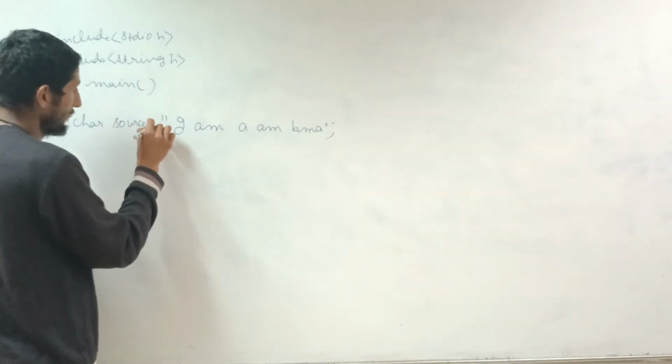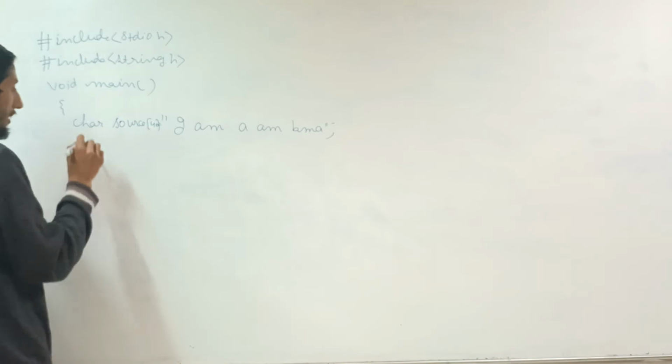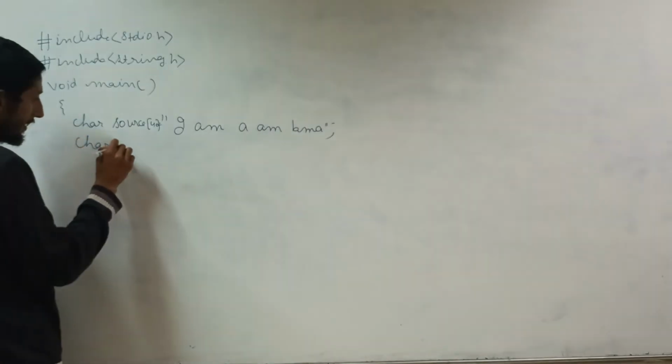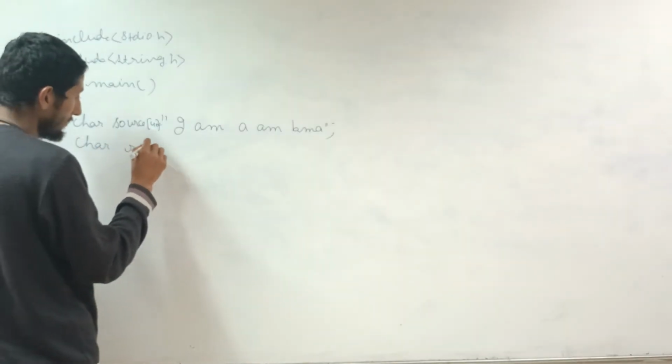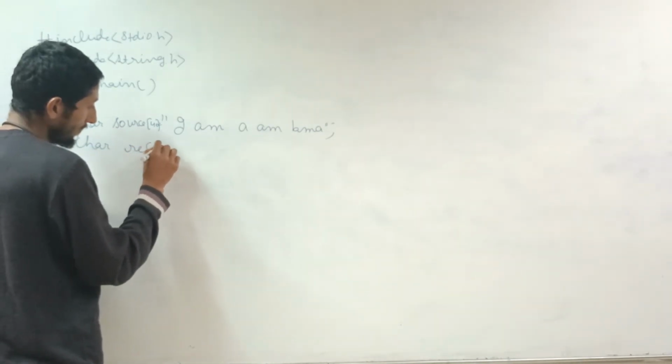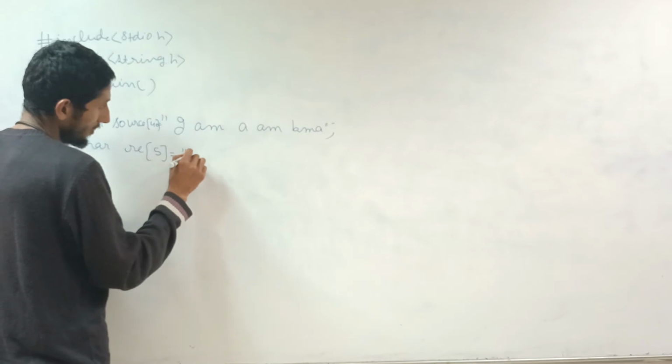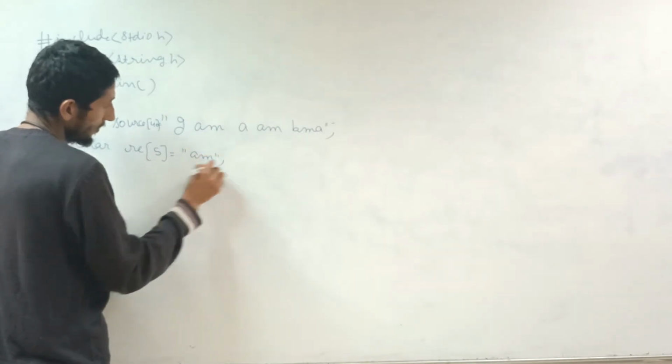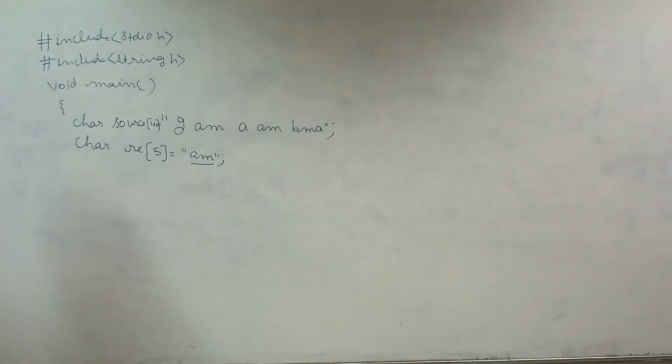Let me take source[40]. Okay, let me take one more char array, which means replace. So the searching characters are, let's say, "am". Okay, so you want to search for "am".